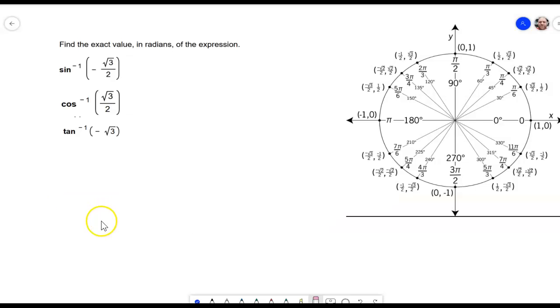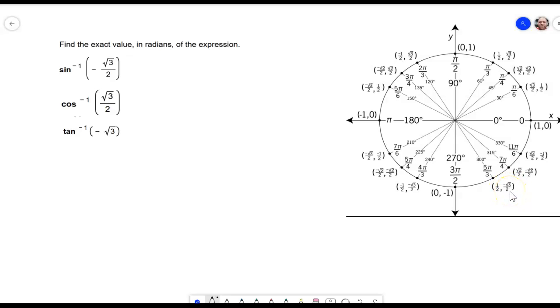And then the other tricky part of this is, if this is the value here, negative root 3 over 2, and we're talking about the sine function, if we look at our unit circle over here, I'm looking for negative root 3 over 2, and we're talking about sine, which is the y values, look, I've got one over here, and I've also got one over here.